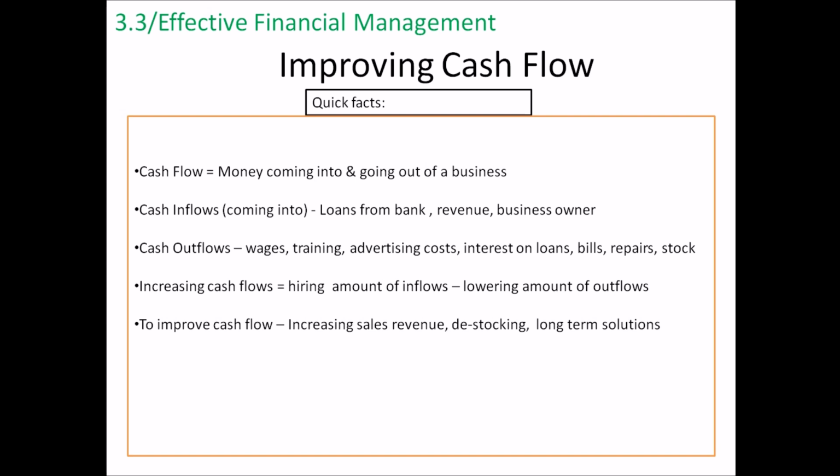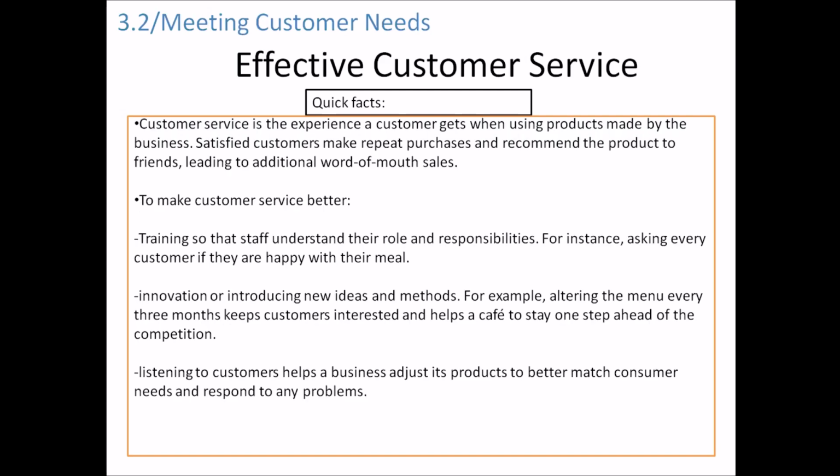Cash outflows are the wages, the training, advertising costs, interest on loans, the bills, repairs, stock, etc, etc. To increase cash flows, we raise the amount of inflows and lower the amount of outflows. To improve cash flow, we can increase sales revenue, we can destock, and the business can have a long-term solution.